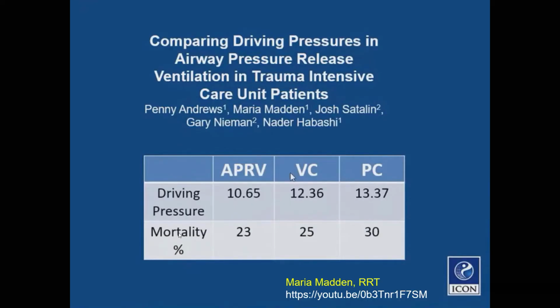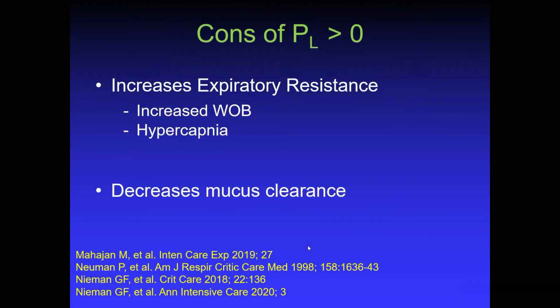And as with the Amato study, a lower driving pressure seems to be a good thing. With a smaller series from shock trauma, the lower driving pressure afforded by APRV translating to at least a slightly improved mortality as compared to that seen with both volume control and pressure control, more traditional ventilation. The main point here, though, is that P low being set to 0 does not cause de-recruitment so long as T low is set appropriately.